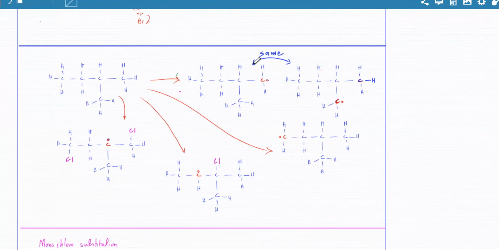And remember, not only this, even this one would have a number of different versions, like different chlorines will be substituted over here during each propagation step. So even the radicals that are getting formed would have a number of different versions.